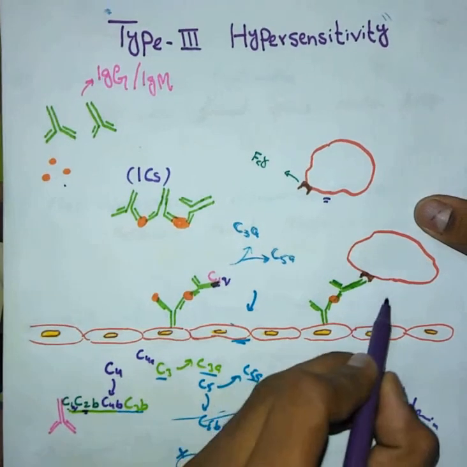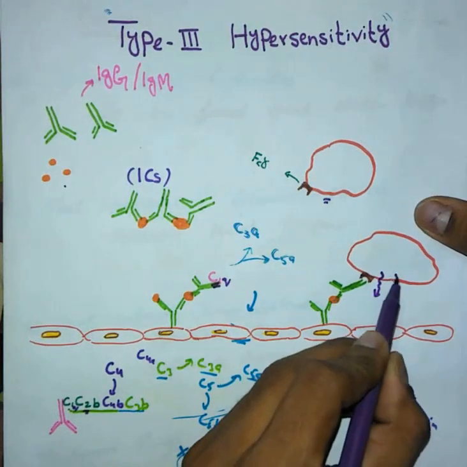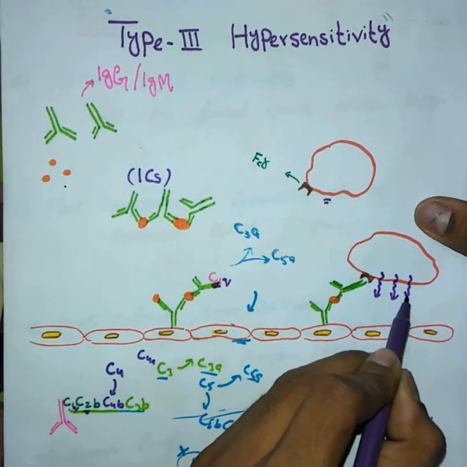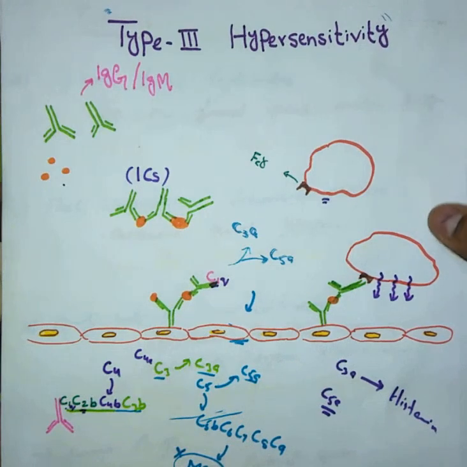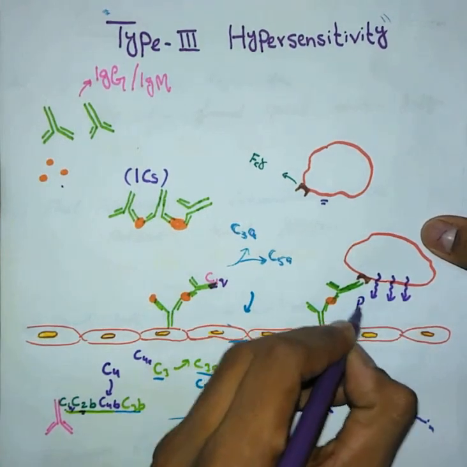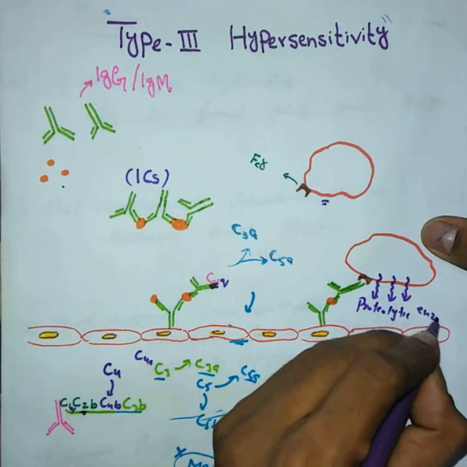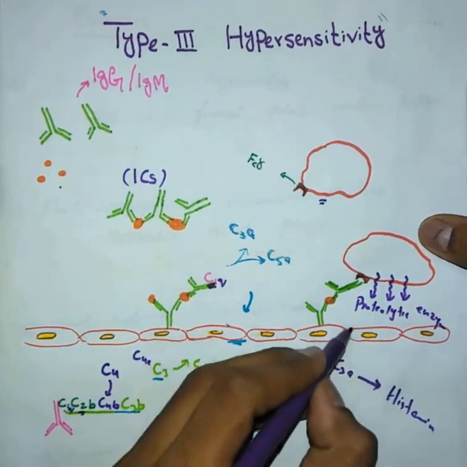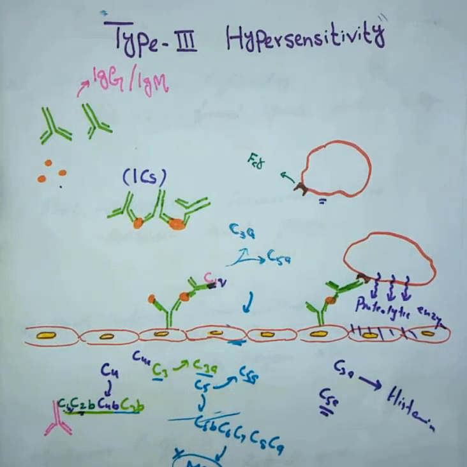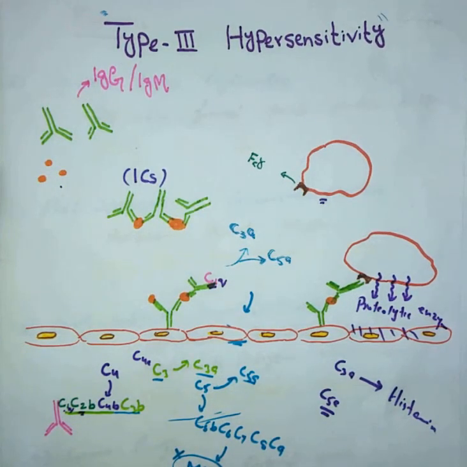So what will happen? They will start secreting cell damaging proteolytic enzymes. So cellular injury or inflammation will start taking place at the site of immune complex deposition. Okay, so this is basically the general mechanism.